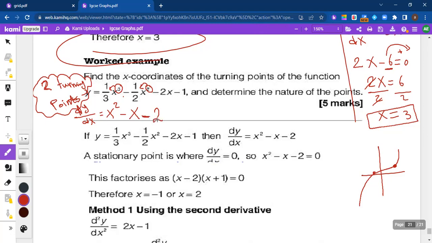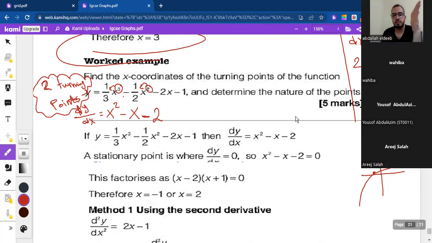Then, as in the previous example, you have to write dy by dx equals 0 and find the value of x. Then x squared minus x minus 2 equals 0.